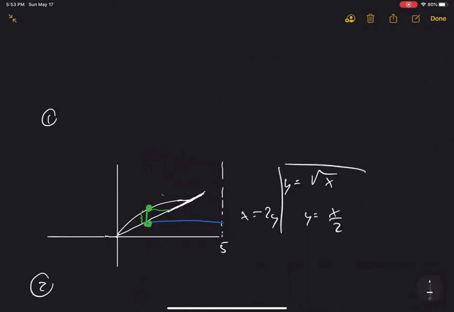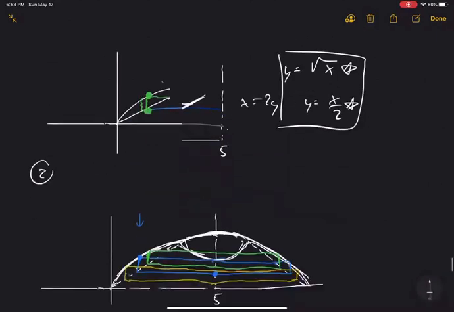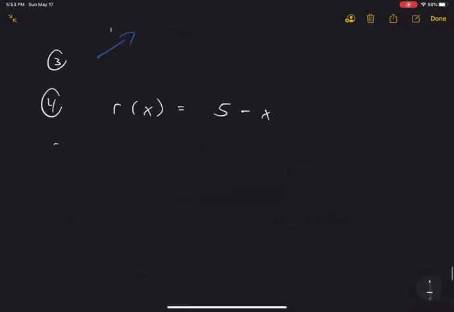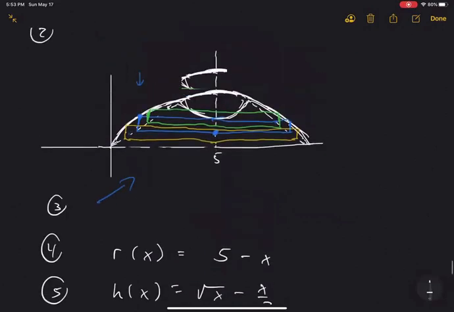Okay, so the y coordinates are these. All right, so this is the top y coordinate, this is the bottom y coordinate. So that height should be square root of x minus x over 2.